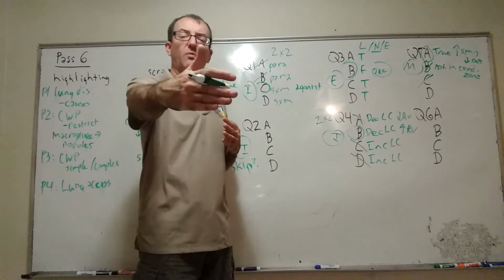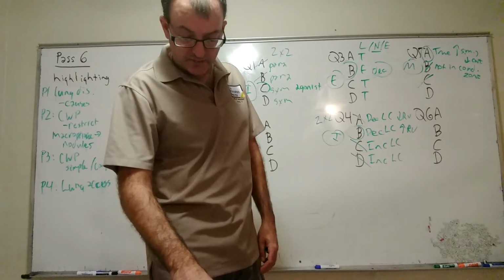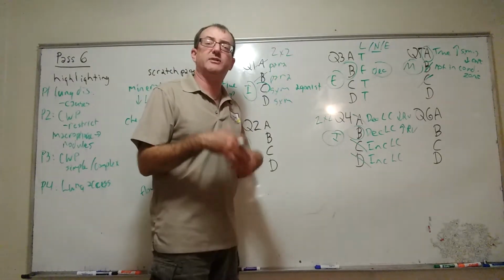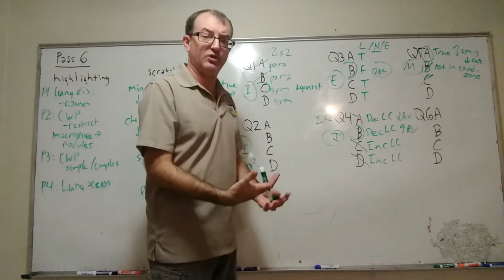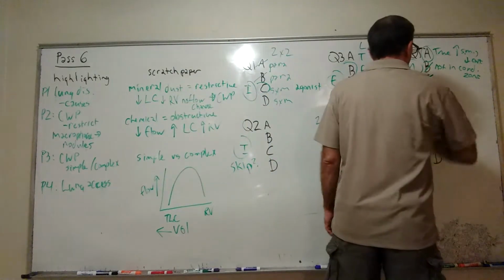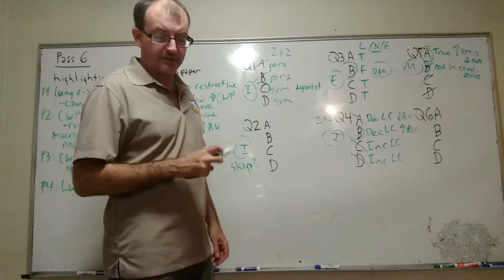You shift towards more acid. You would have a decrease in pH, but that would lead to an increase in ventilation to get rid of the CO2. Respiratory compensation. So that's a problem with D on number 5. Questions on 5.